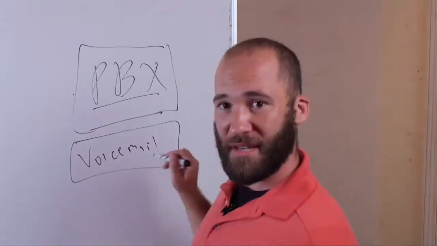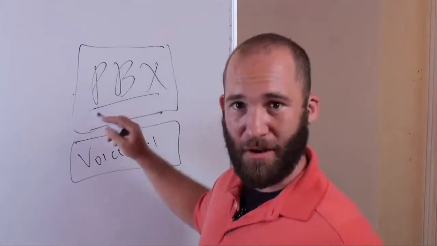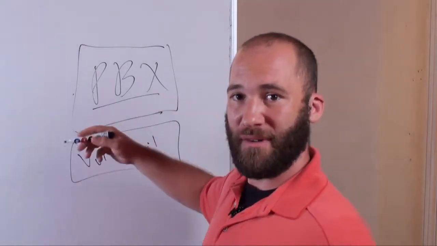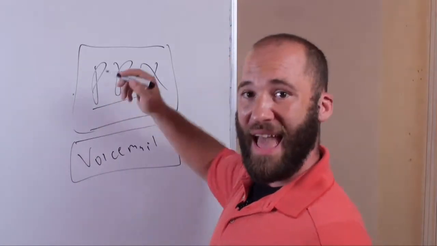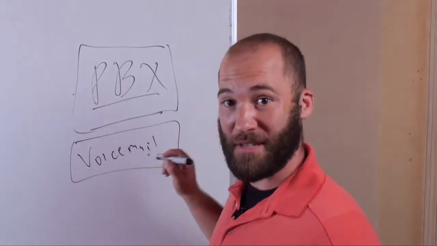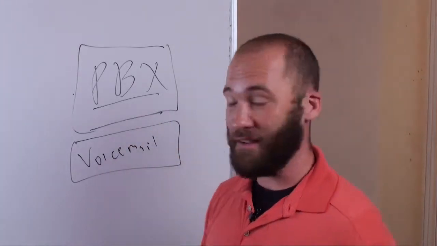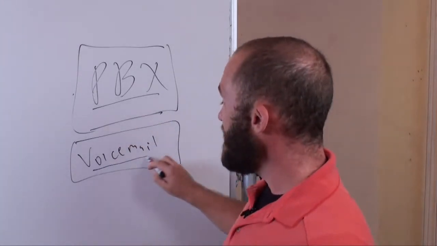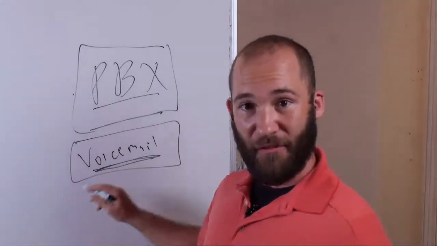The voicemail system is actually an add-on to the PBX. So you'll buy an Avaya, whatever they are, PBX for $600, and then you have to buy a voicemail system that connects to that PBX for another $500 or $600. And so all of the voicemail stuff is controlled by the voicemail system.